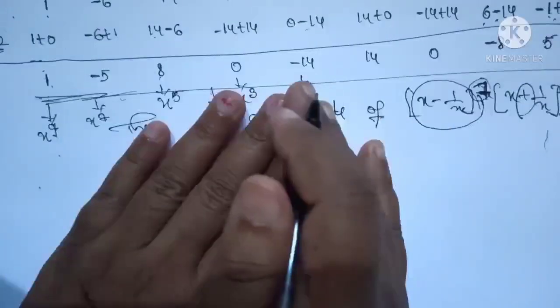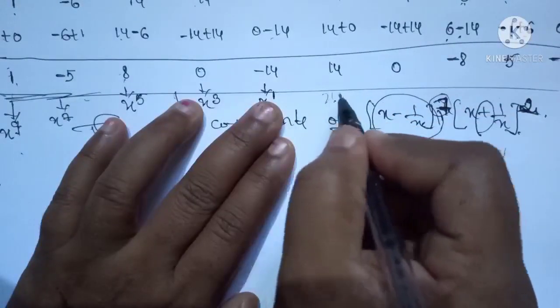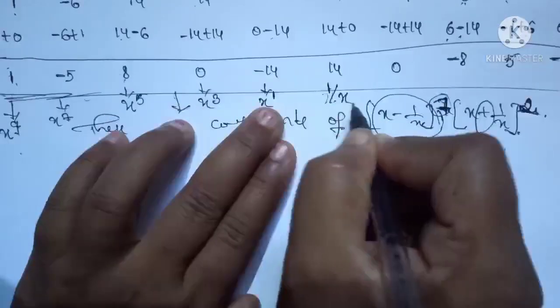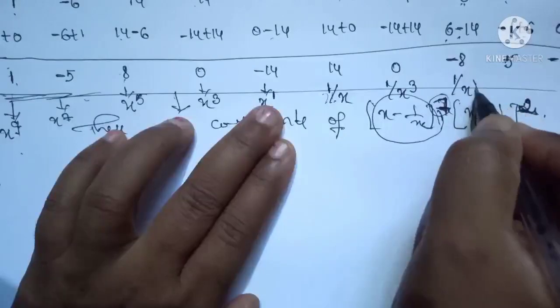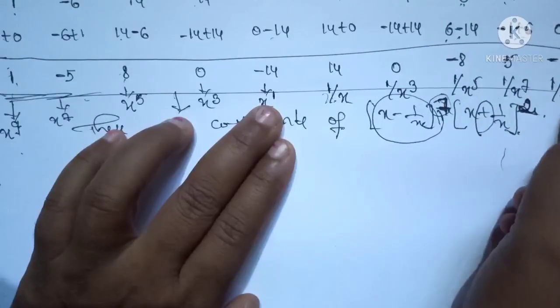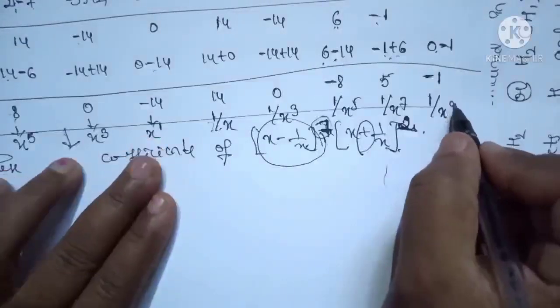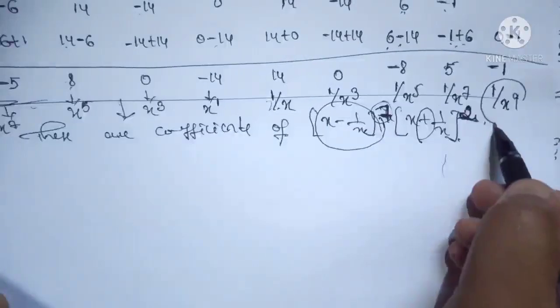Next we take the reciprocals: x power minus 1, that is 1 by x, 1 by x power 3, 1 by x power 5, 1 by x power 7, 1 by x power 9. So here we have x power 9, and the last one is 1 by x power 9.